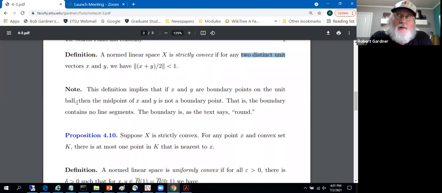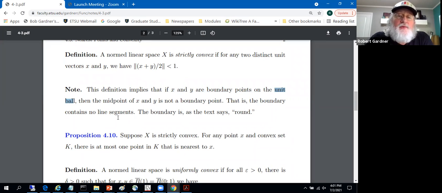Again, disclaimers and concerns about that geometric interpretation between points and vectors, but you know what I mean. Then the midpoint of X and Y is not a boundary point, because the midpoint of those two, technically the vector sum divided by 2, is in norm strictly less than 1. Well, that's not on the boundary of the unit ball. That's strictly inside the unit ball.